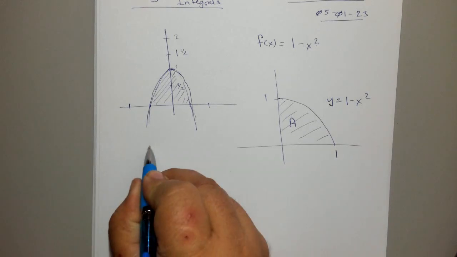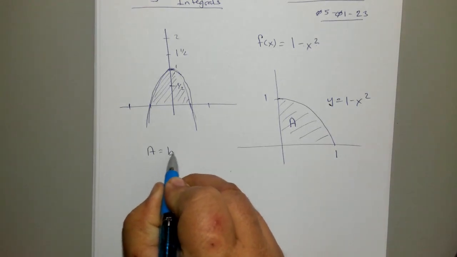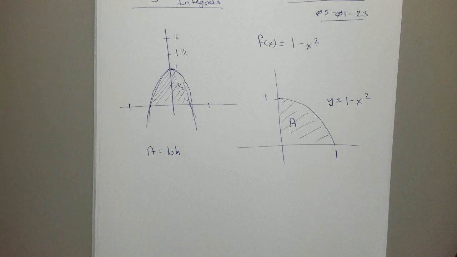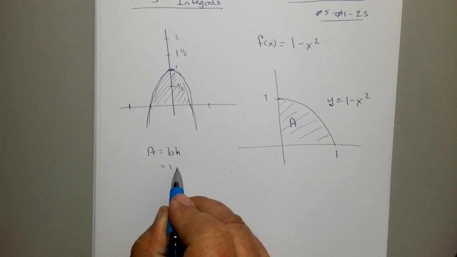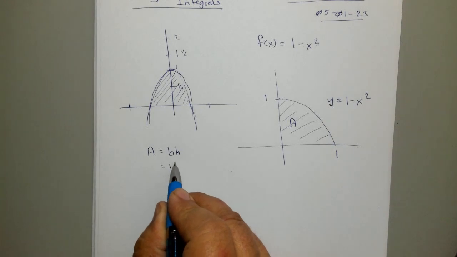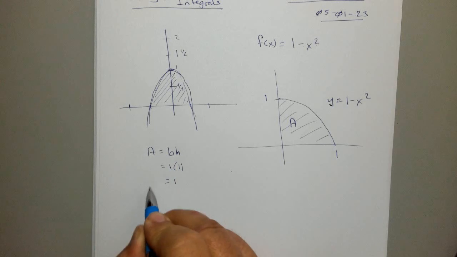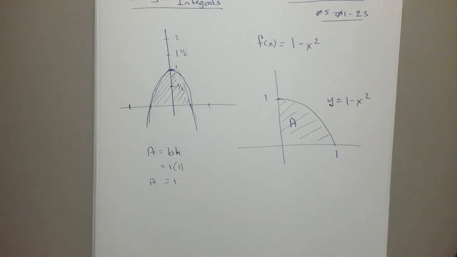Well, the formula for area is base times height, right? But okay, what would be your base? X, but what value? Okay, what's your height? 1 times 1. So you're saying this area is 1.